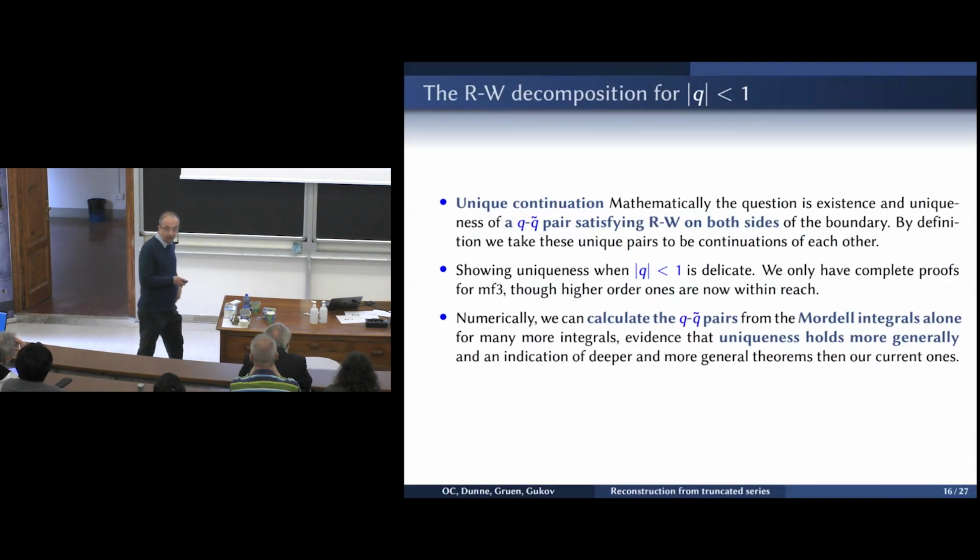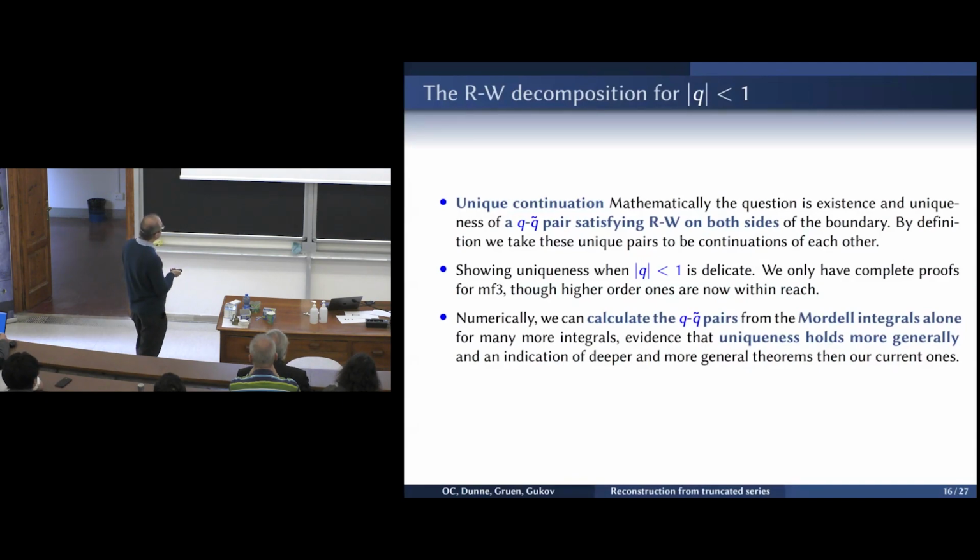Now we progressed quite a bit, and I'm going to show you what uniqueness looks like on the other side. The fact that we have this uniqueness should make it less surprising that we can calculate numerically the decomposition in trans-series starting with an integral alone, because there is a unique solution.